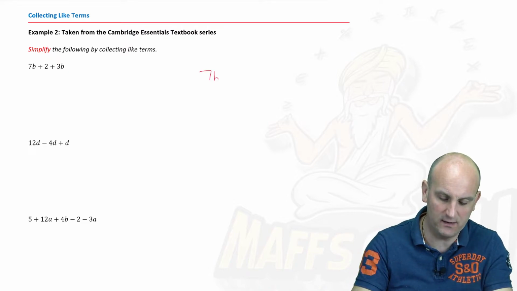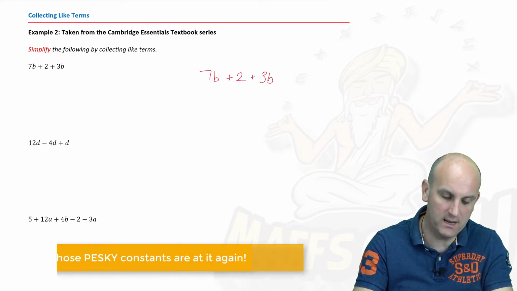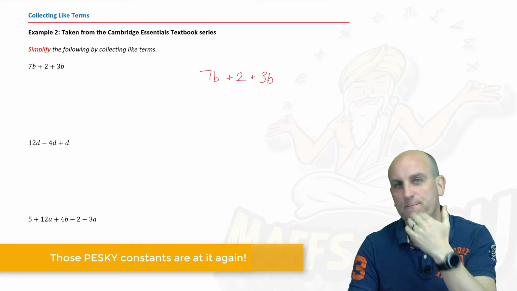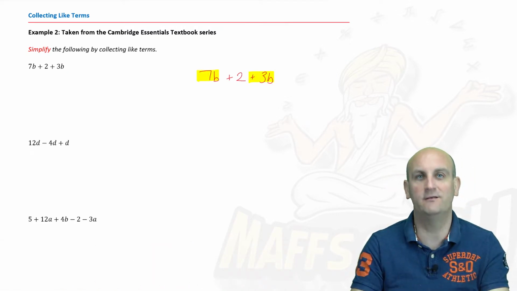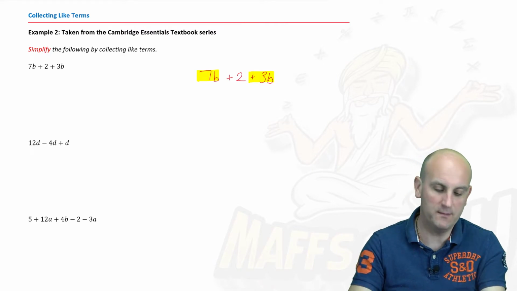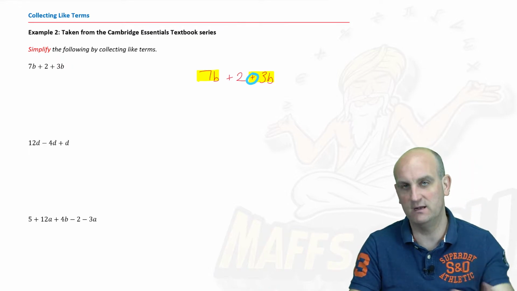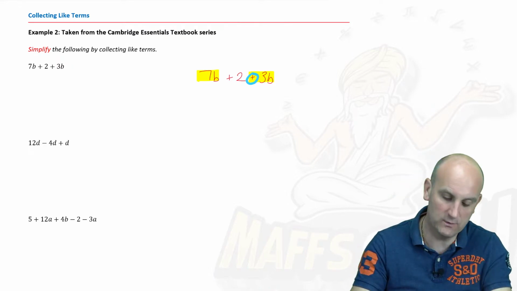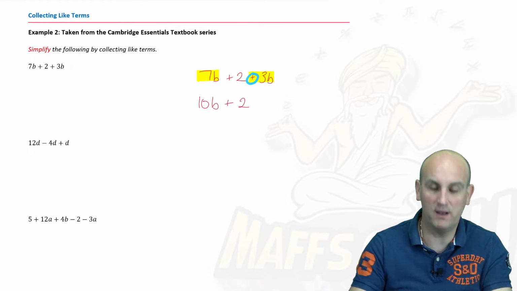I have 7 bananas and 2, not 2 bananas, just 2, and 3 bananas. I feel like I said bananas twice, and I did. So I've got 7 bananas and 3 bananas. Now going back to a previous video, remember that this plus sign here belongs to the 3b. We have to make sure that we have 7 bananas and 3 bananas, which when we collect them together would suggest I have 10 bananas plus 2.